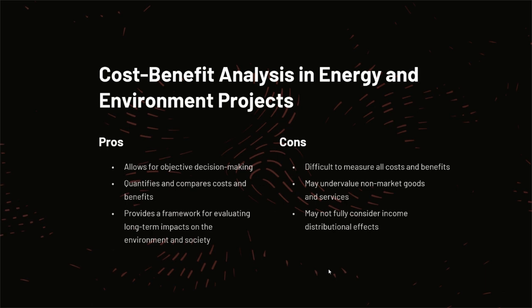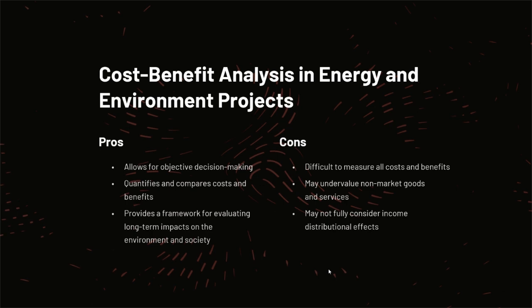Difficult to measure all costs and benefits. So, when we come to the cons, it is very difficult and hard to measure all the costs and benefits because currently the demand and the supply chain will be undervalued or undermined. So if in the future the demand increases, then the cost will also increase.